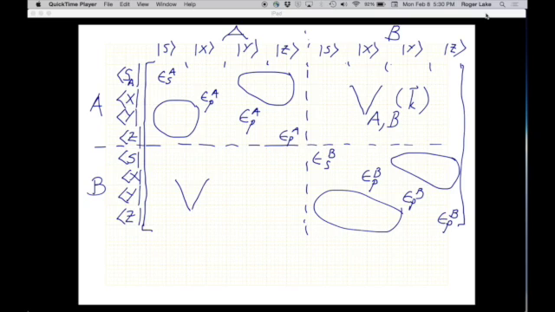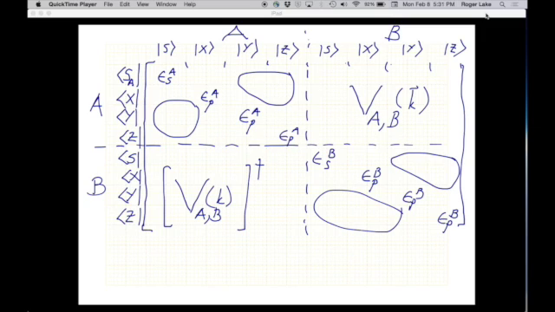And of course, this block has to just be this same matrix, Hermitian conjugate. So I'll write it like this: V_AB as a function of K. Whatever that matrix was in that upper corner, we just do the Hermitian conjugate, which is the conjugate transpose.